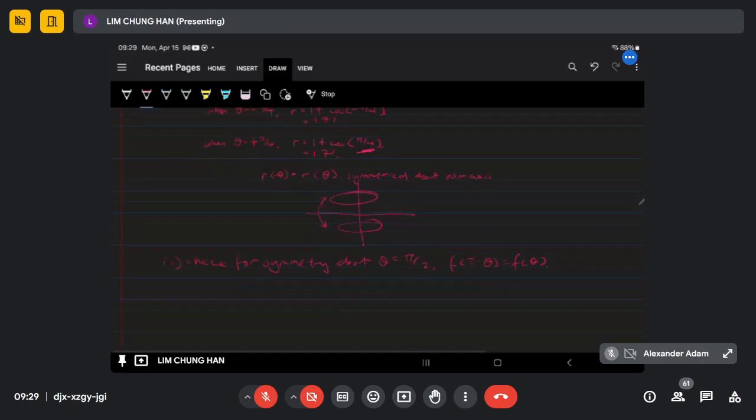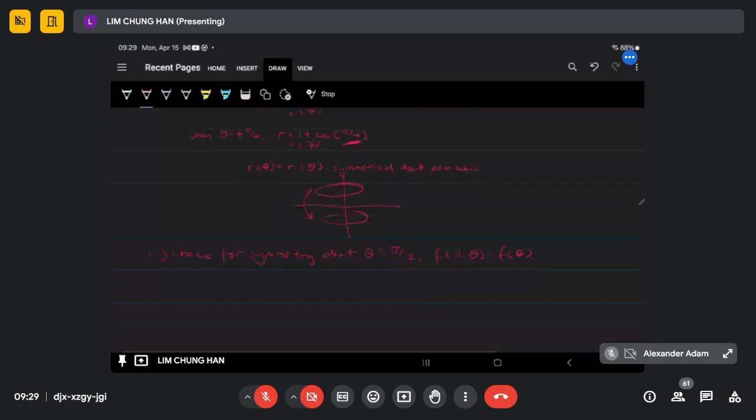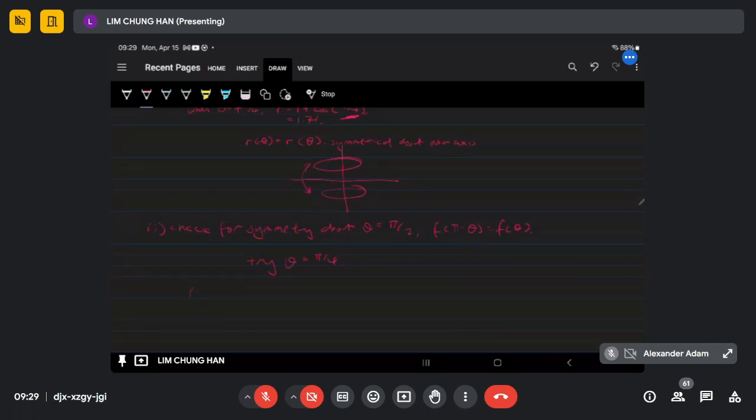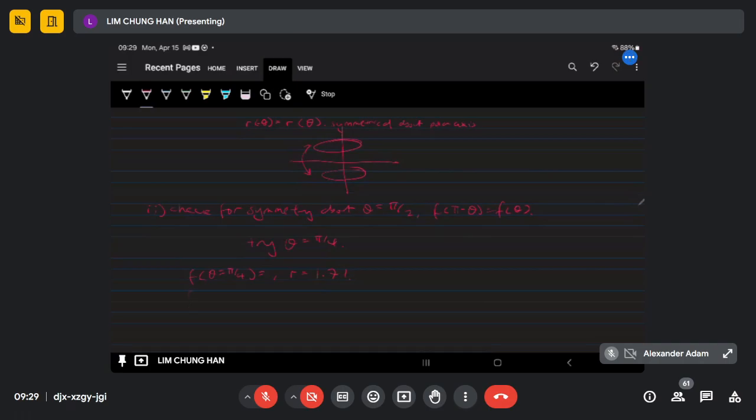Again, let's try a theta of pi over 4. We know that when theta is pi over 4, r is 1.71. When the angle is pi minus theta, what is r?